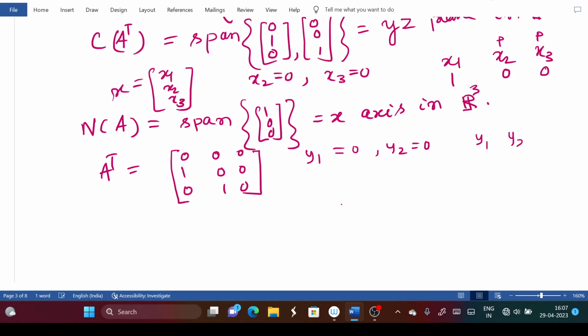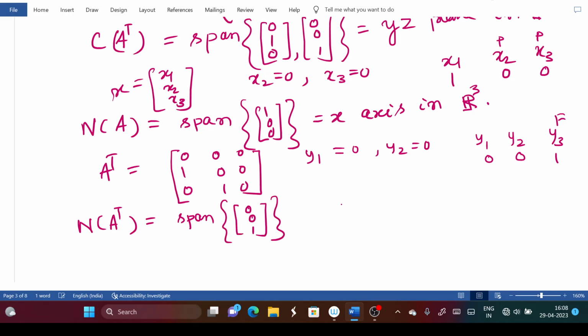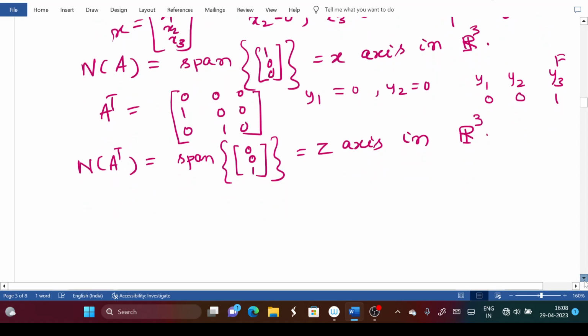So what I got is the left null space of A is equal to span of (0, 0, 1). What is it? Z variable can take any value, that means it is the z axis in R cube. So null space, left null space, row space, column space, everything is explained. With this, all the four fundamental spaces are discussed.